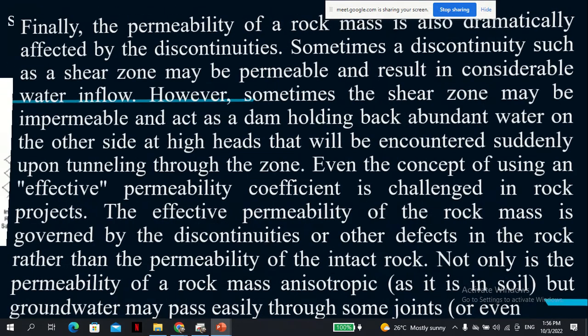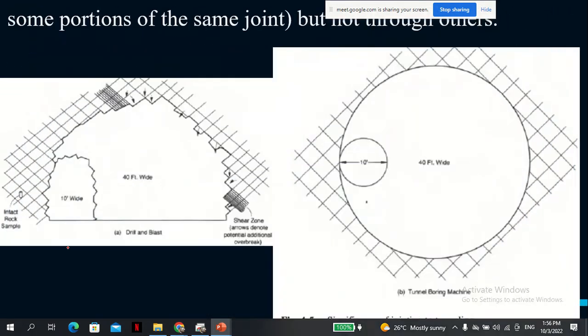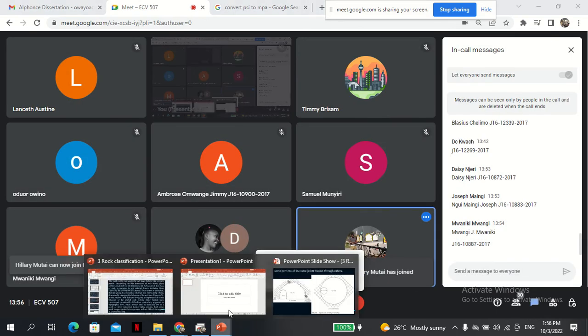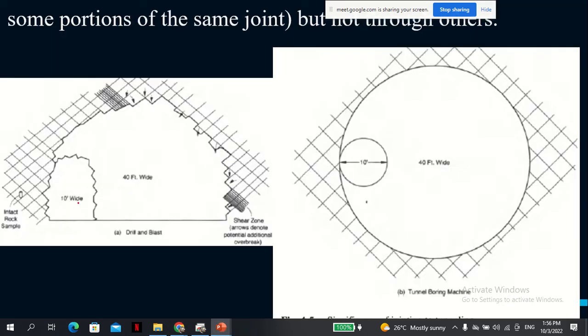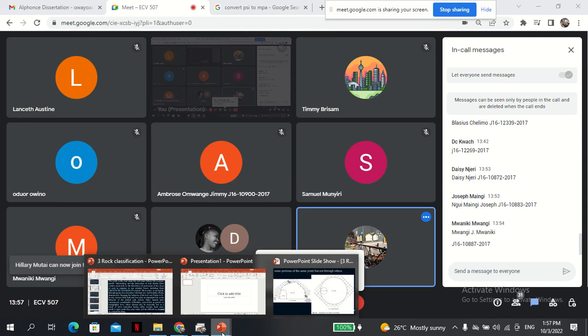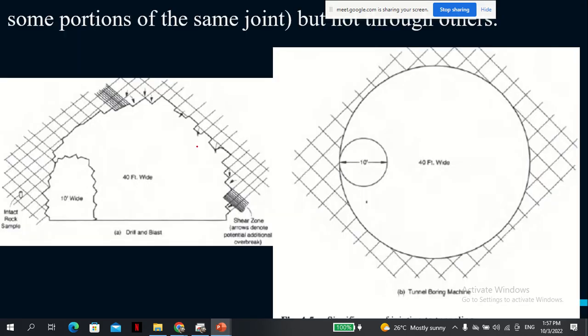Yes, in fact, if this is, for example, the rock, the shear zone, you can see the interlocking behavior.